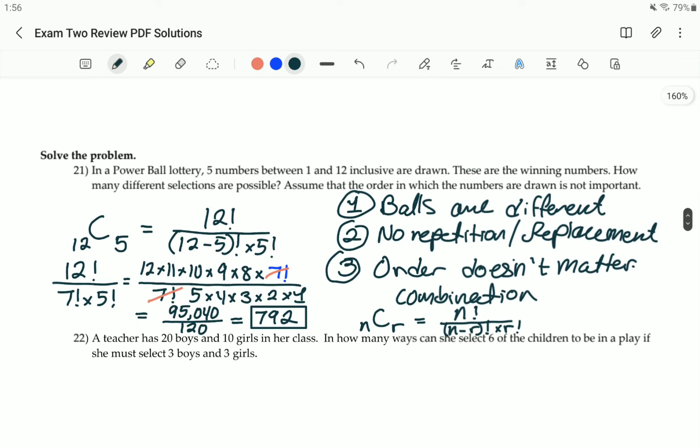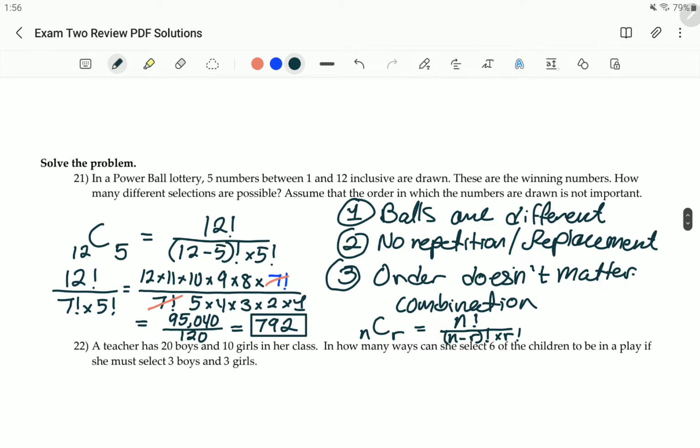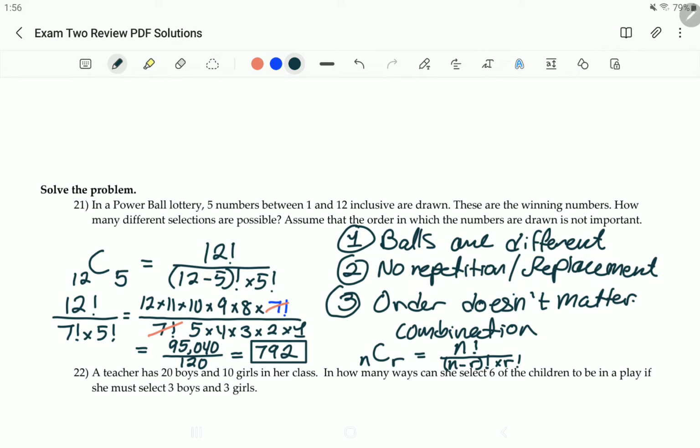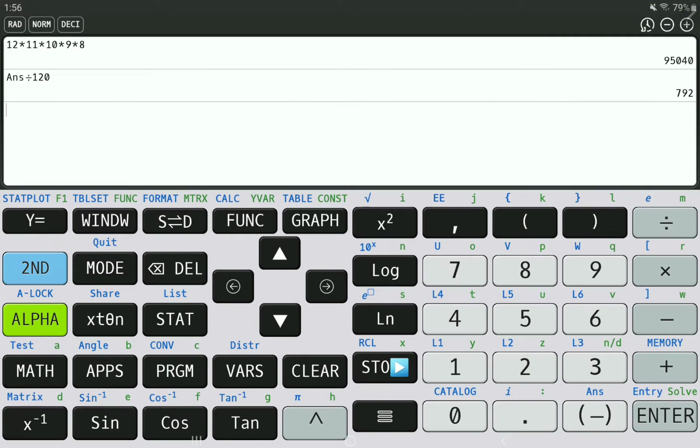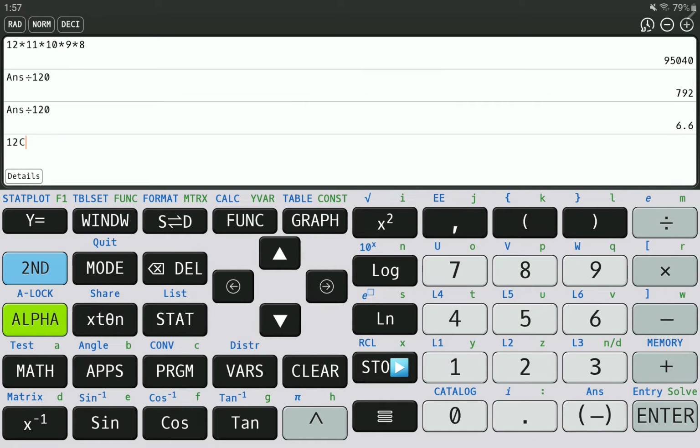Now we can also do this by using the combination feature in our calculator. Let's first put in the first number, which is 12. You're going to go to Math, go over to PRB, and this time choose option number 3, which is for a combination.